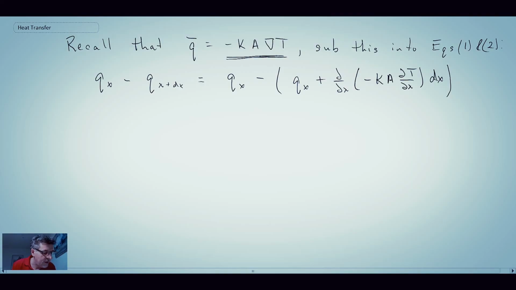Now I'm going to rearrange this a little. First of all, we notice qx and qx are going to cancel out. I'm also going to pull the area out.